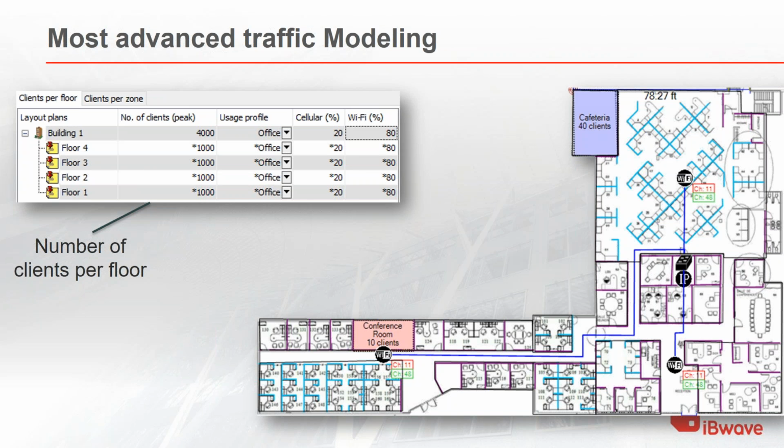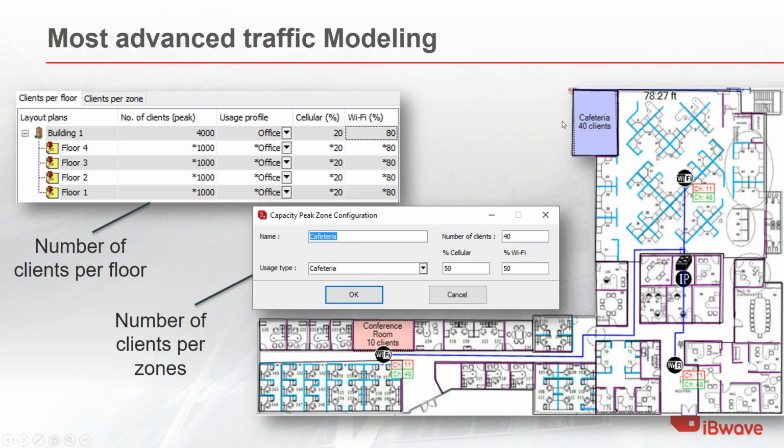When you speak to the building owner, it's easy to get rough numbers in terms of people in a venue. Then you need to assign a profile, which is going to define the type of application that people will use. In this case, we're assigning an office profile. And then you can also define what's going to be the split between cellular and Wi-Fi for these users. It's never 100% cellular or never Wi-Fi, so you can specify that depending on the environment.